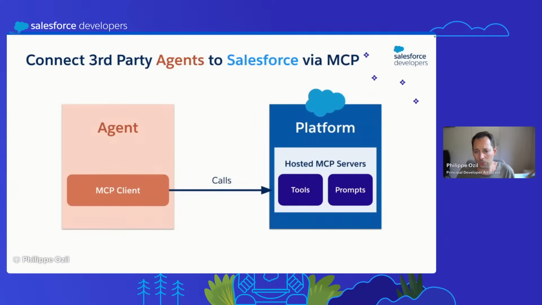We're going to use the Salesforce Hosted MCP servers. We'll have an agent, and in this particular session we'll be talking about Claude Code, but the same principles could be applied to any kind of agent. This agent ships with an MCP client, which is totally generic. It's not specific to Salesforce or to any other third party you may connect to.